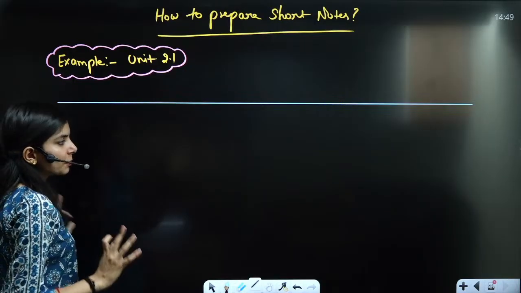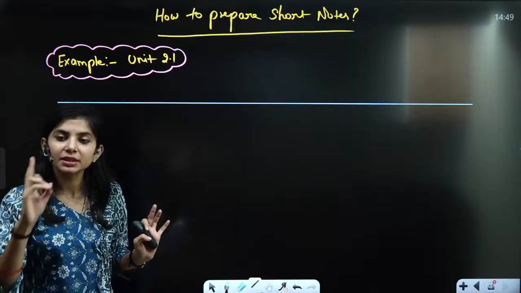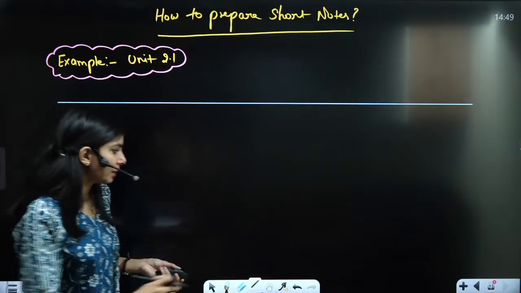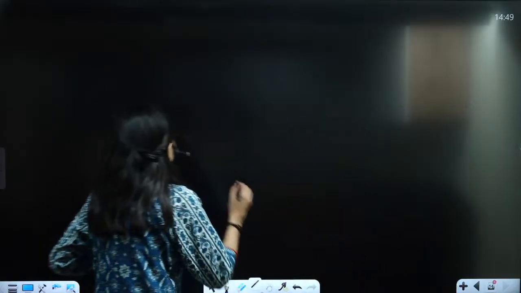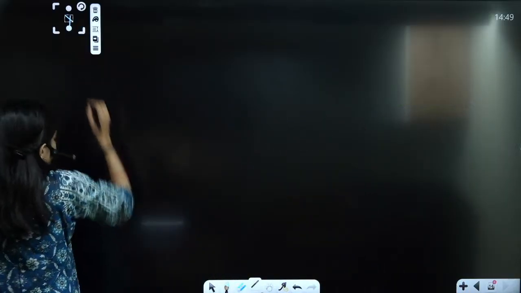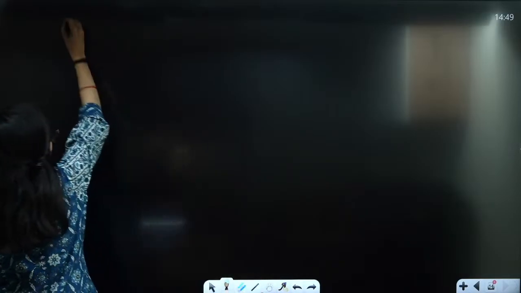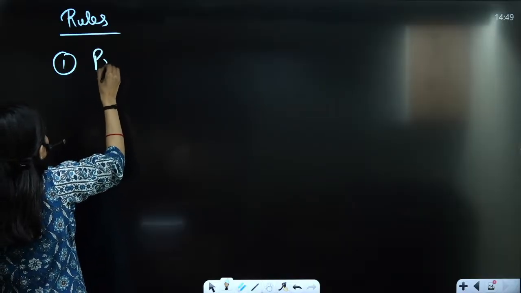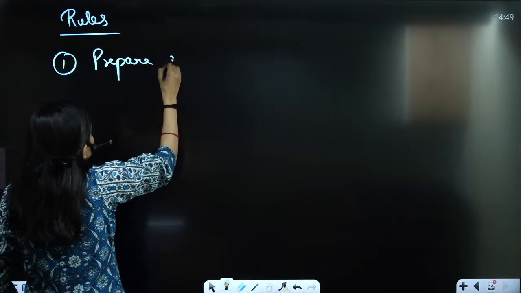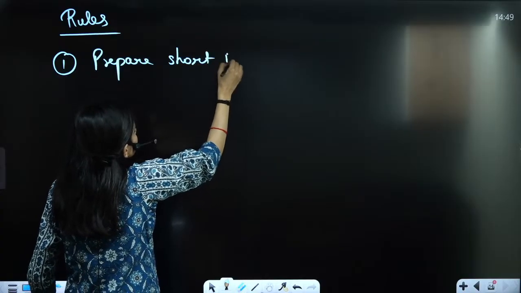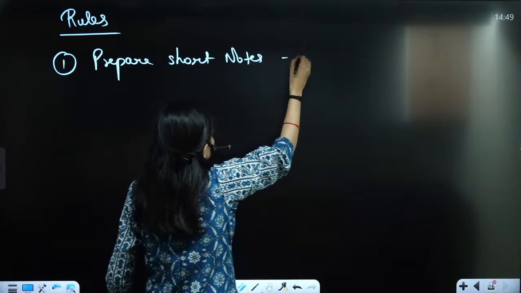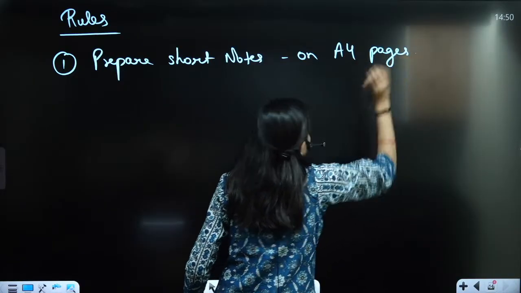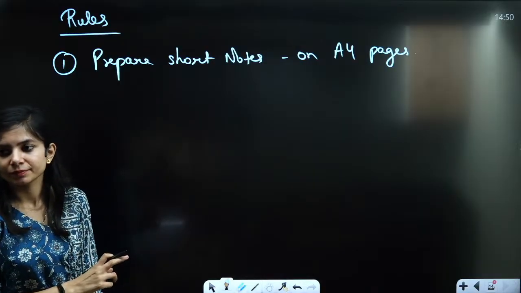So you would have A4 size paper. This is the first rule that I'm telling you. Prepare the short notes on one pager. Let me give you the rules as well here. Prepare short notes on A4 size pages. वैसे ही बनाना है, ठीक है?